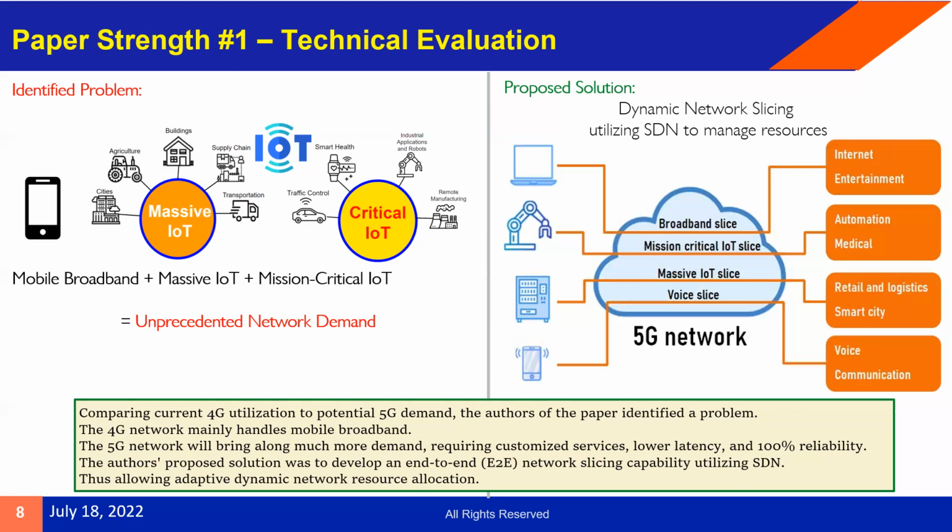And that's going to cover various functions such as internet usage, entertainment such as Netflix, automation, looking at self-driving vehicles or factories, medical services, smart cities, which would involve potentially monitoring roads, giving live updates to traffic information, and then voice and communication. So this will basically allow for a dynamic network resource allocation. Next slide.